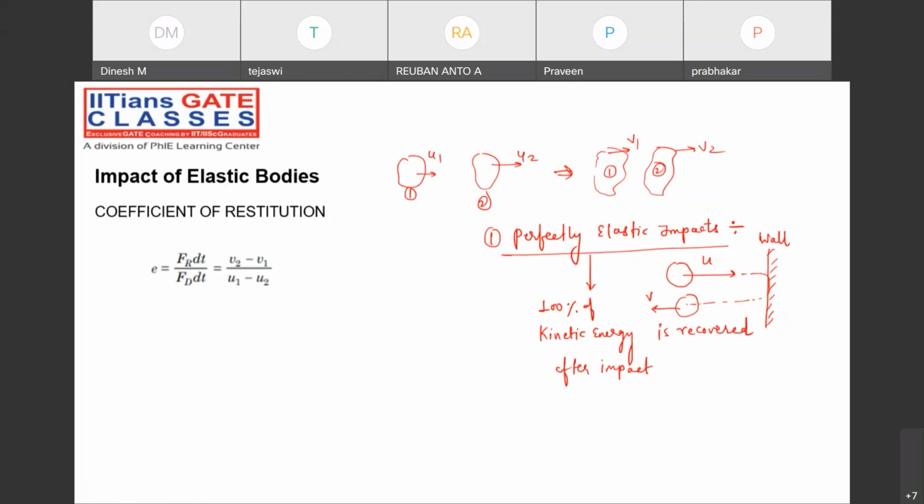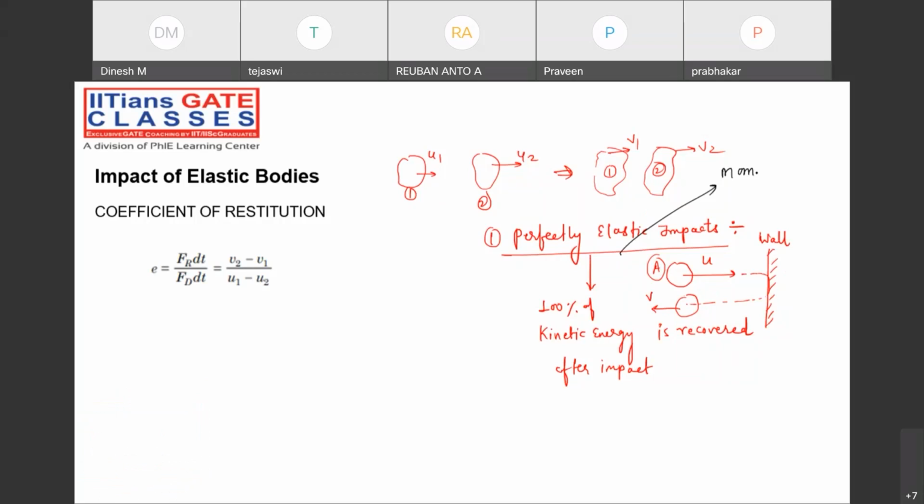What do you mean by this? Whatever the initial kinetic energy is, the same kinetic energy will be there after striking also. There is no loss in the kinetic energy. Whatever the kinetic energy of body A is, the same kinetic energy will be there after striking also. That means whenever we have the elastic impact, two things hold.